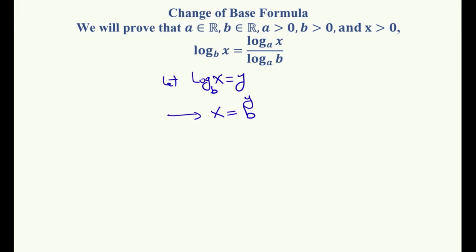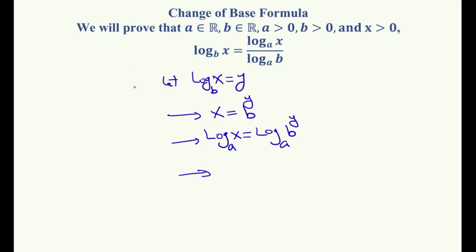Now let's go ahead and take the log base a of both sides. So that means log base a of x equals log base a of b to the y. Now let's solve this equation for y. That means we're going to first bring the y down using the power rule.